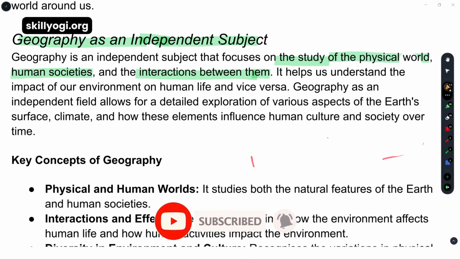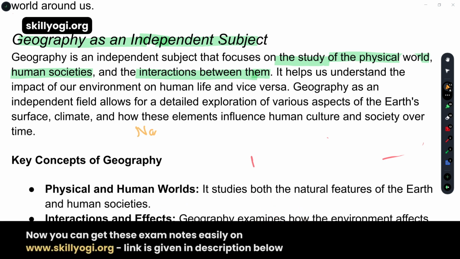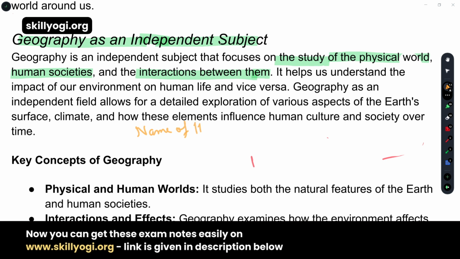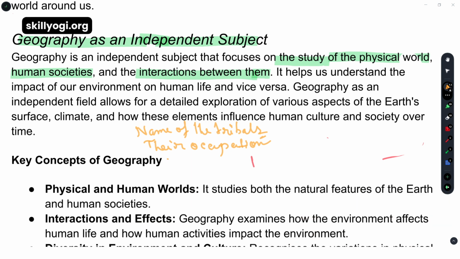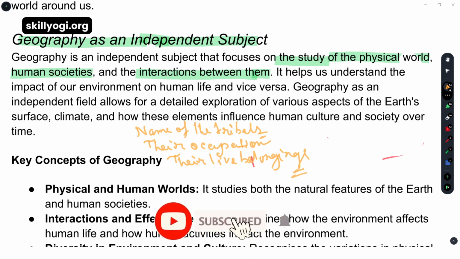So according to the physical world, the names of the tribal people, those who are the inhabitants in these places, their activity or their occupation, you can say, that is also the subject matter of our subject geography. Their occupation, their belongings, everything is a concept of geography.